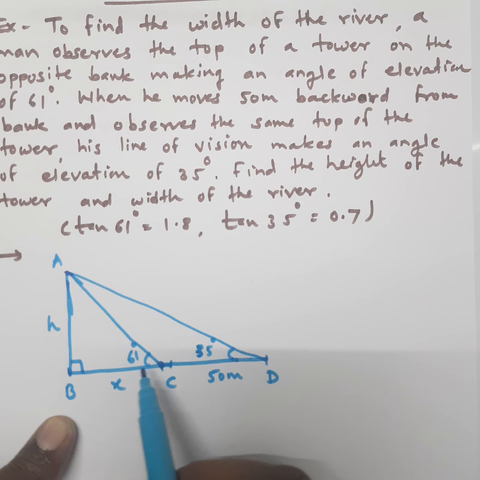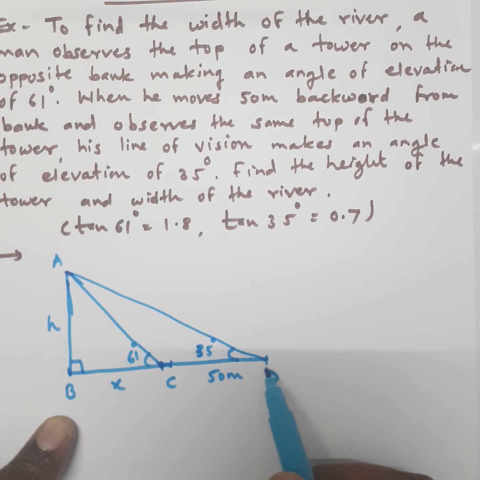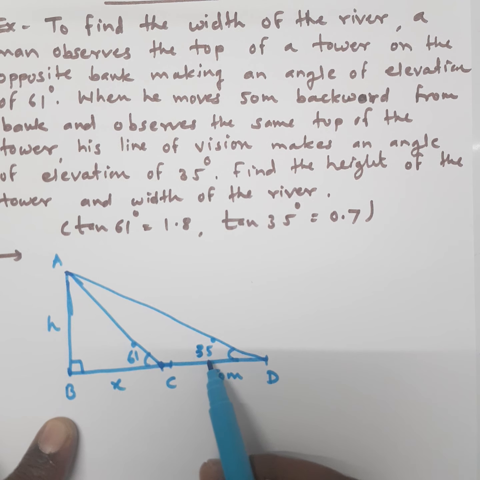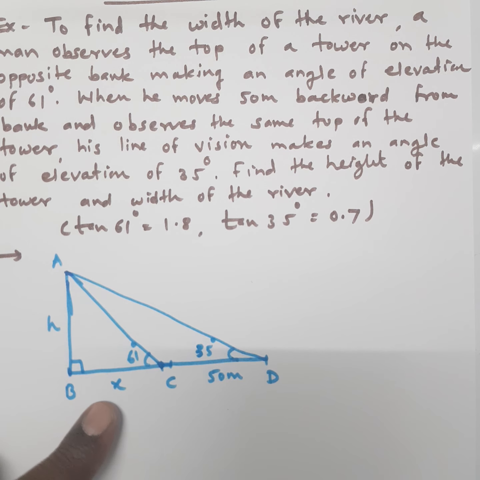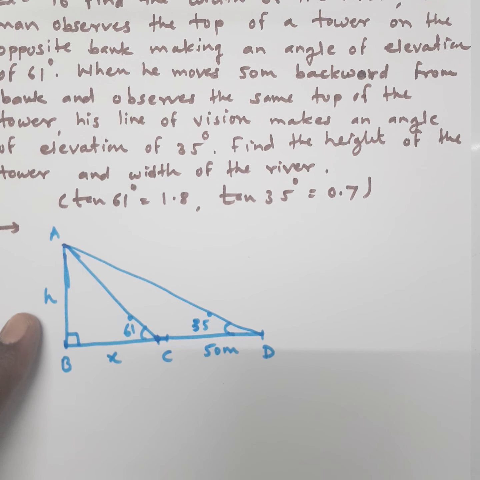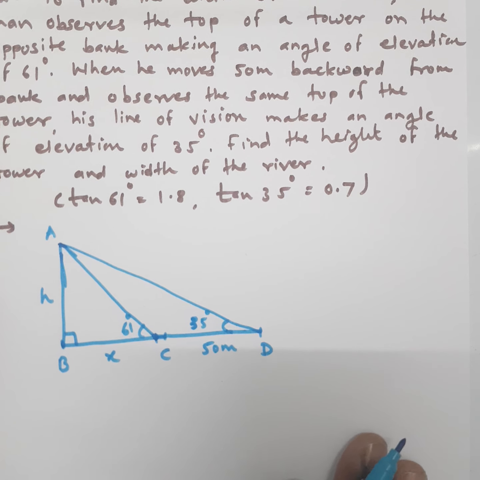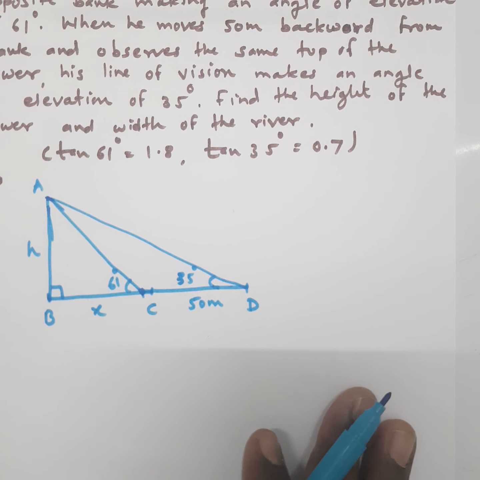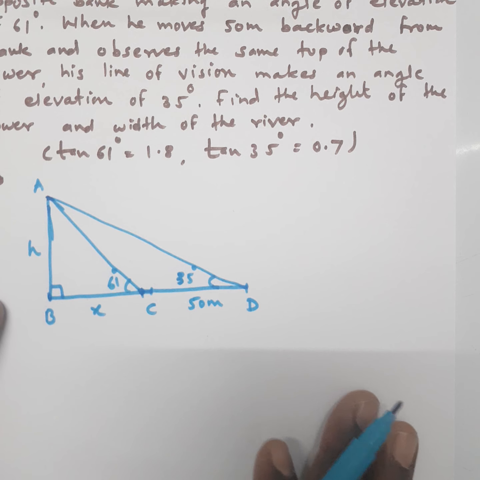Then he goes backward to point D, which is 50 meter from point C, and observes the top of the tower and makes an angle of elevation 35 degree. We have to find the width, that is x, and the height, that is h.